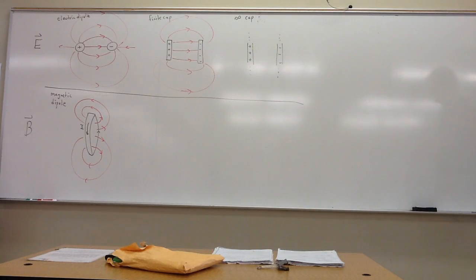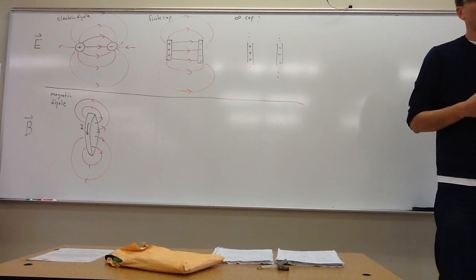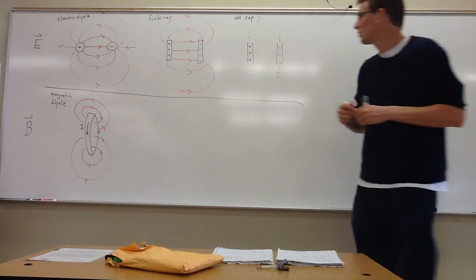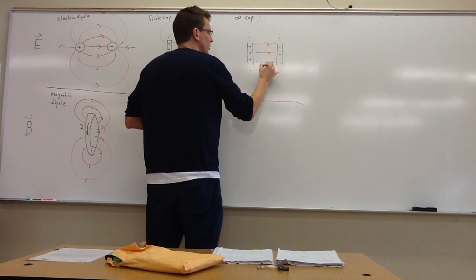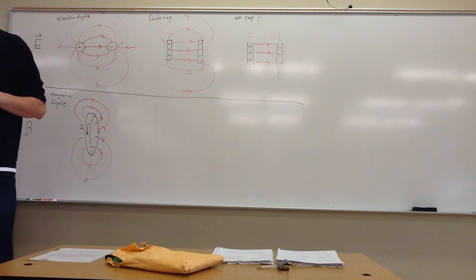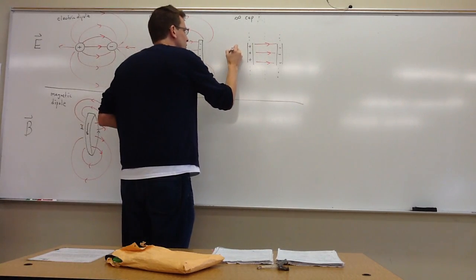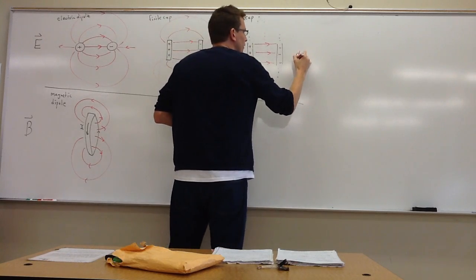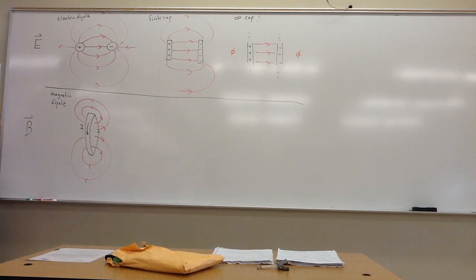If you look back in your notes, what we found gives us the advantage of extending the uniform field between them out forever. So at this point it becomes perfectly uniform, going out forever and ever. And one of the strange things we found was that the electric field on the outside was zero. So this is all in your notes from before.